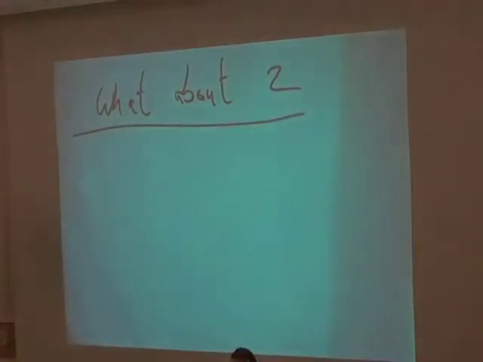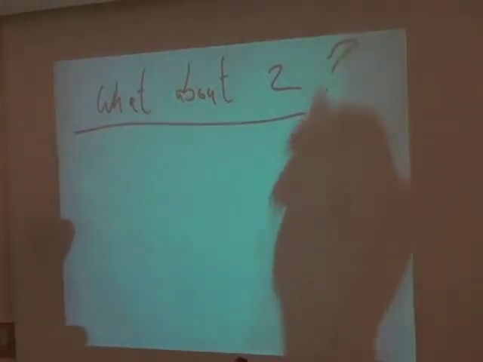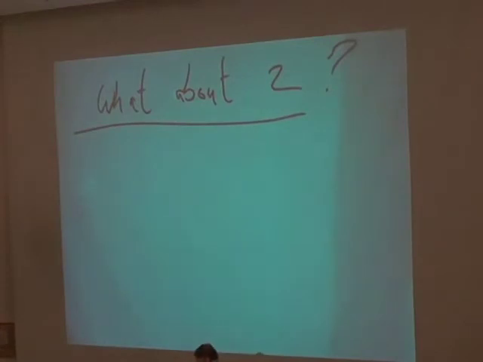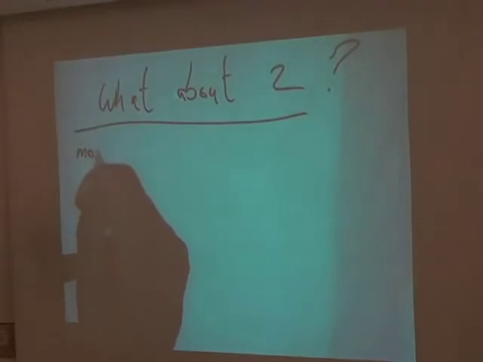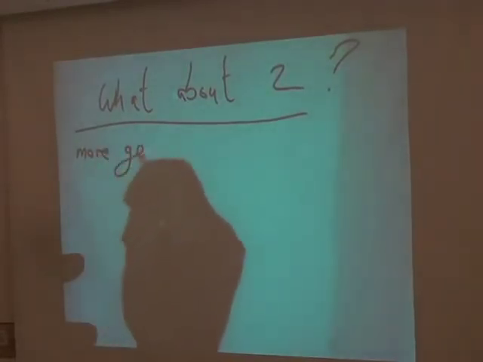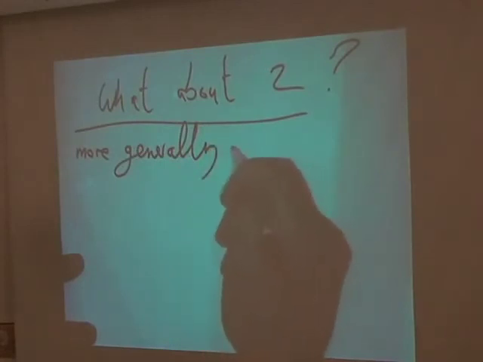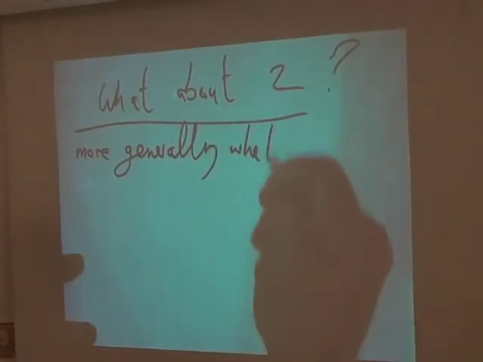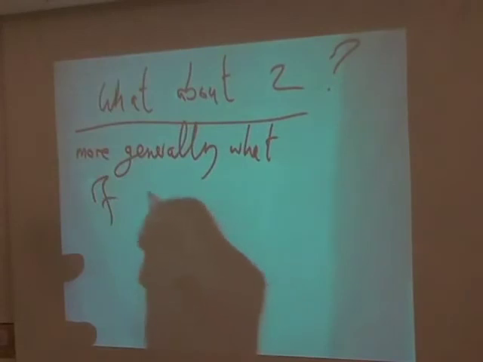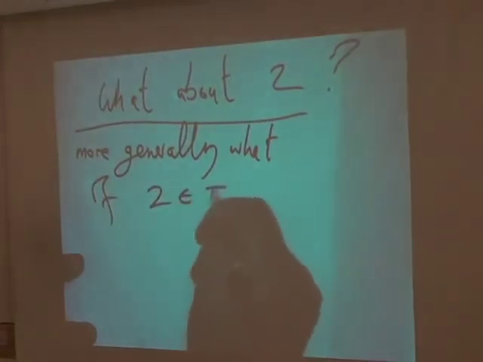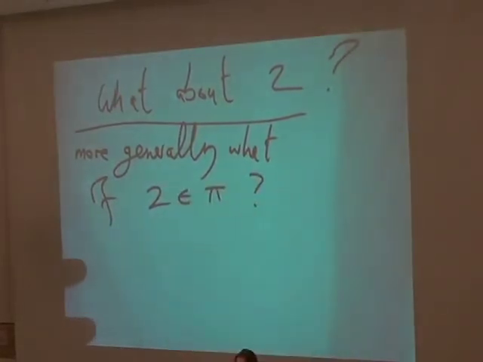I mean 2 as a value for a prime. 2 is exceptional in a certain sense. Well, what we do more generally, what if 2 is contained in one of my sets of primes?